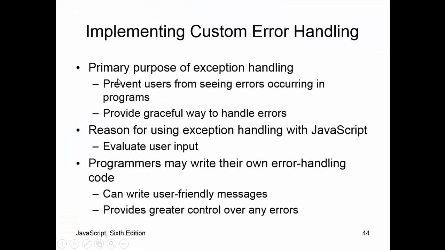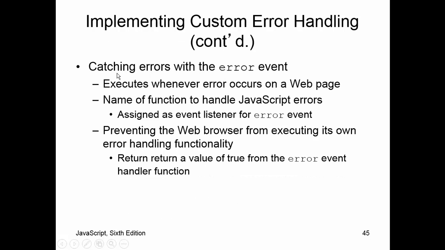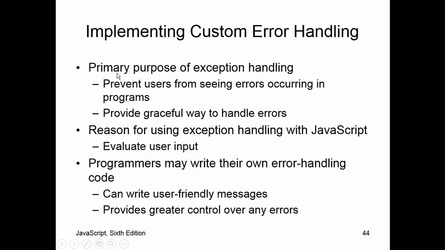All right, so I've explained all that already. So the primary purpose of exception handling is to try to have you handle your errors. It says provide a graceful way. That's true. But again, if you don't handle your errors, they will be handled by the code itself, or by JavaScript itself. That's almost always not going to be what you want.